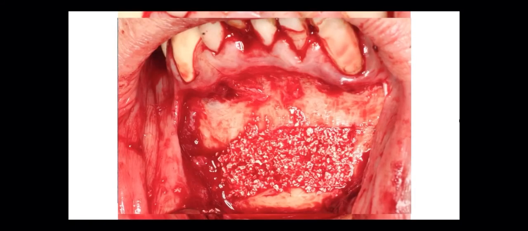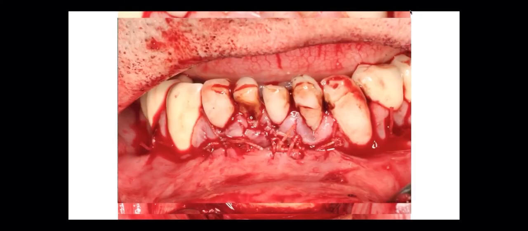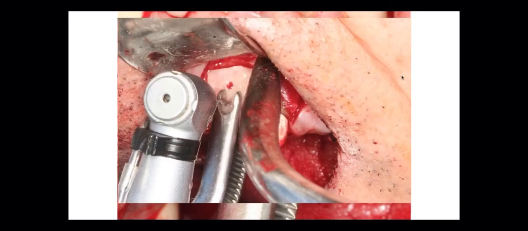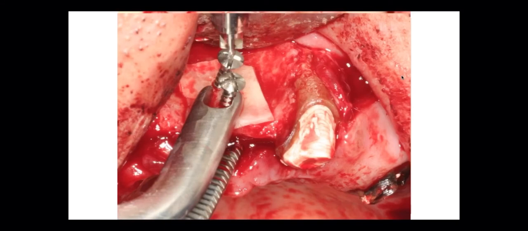We placed bone particles in the area where we removed the bone. We took one onlay block graft and perforated it with two holes to be able to fix it with mini screws.